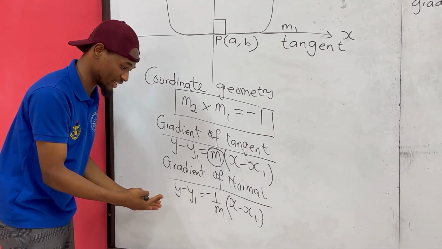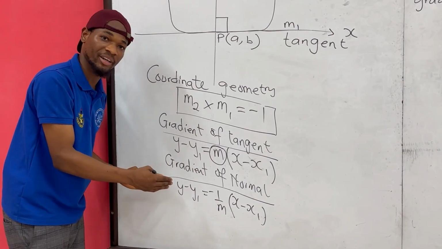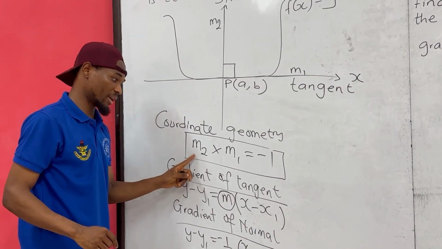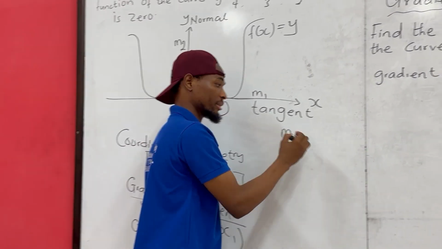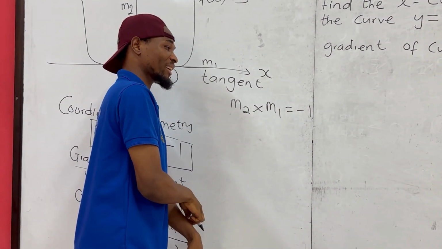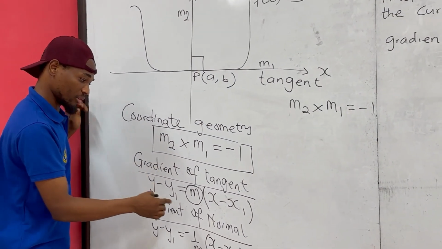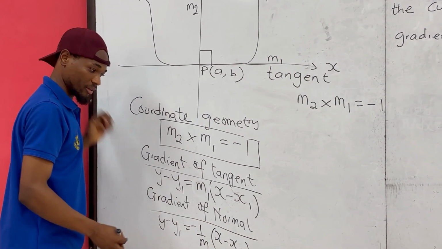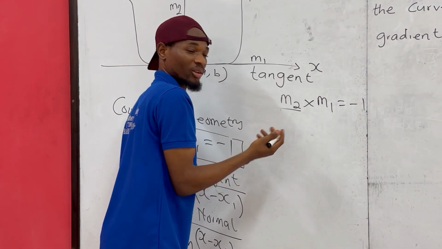Viewers, why are we saying the gradient is always the negative reciprocal when finding the gradient of the normal? Again, from coordinate geometry, we said m2 times m1 is equal to -1. Let's make one of them the subject. Let's make m2 the subject.